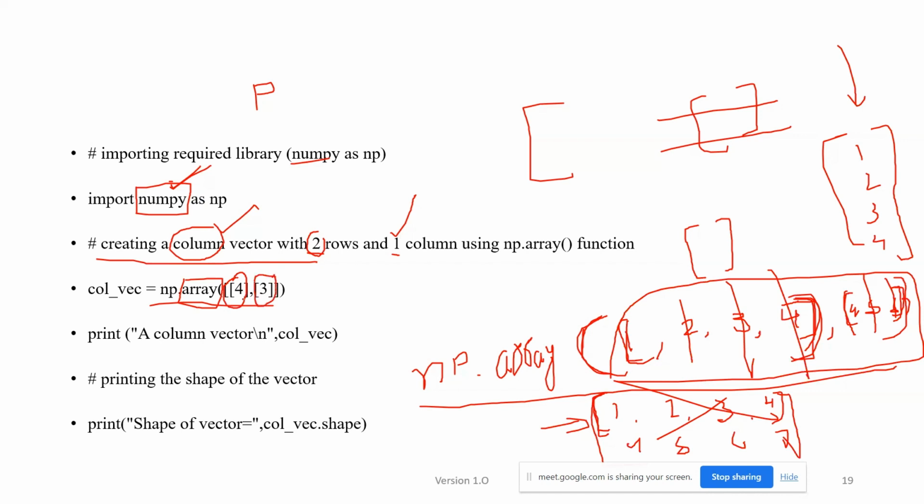Let me make it clear. This is the way we are representing. Here, this one square bracket represents the column. Inside the column, this is the first row, this is the second row. So we have one column with a first row and second row, like this.